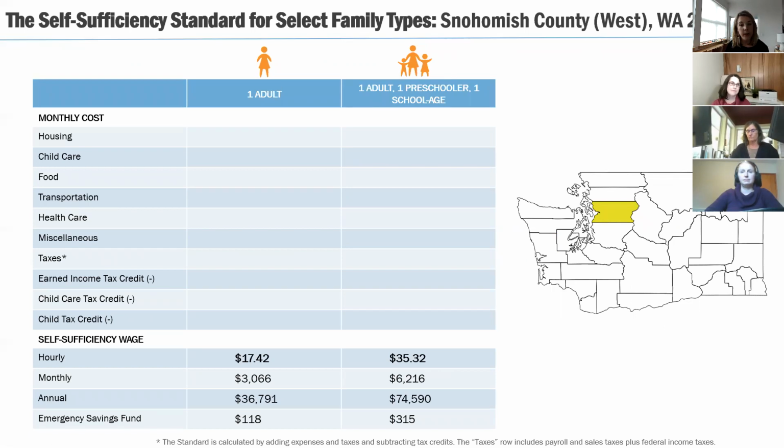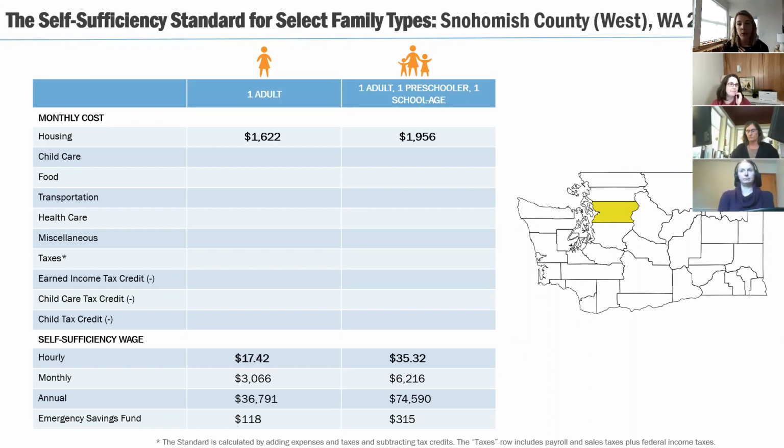So the next slide, I'm just going to briefly talk through. We've talked a little bit about the different counties, and we've talked about the self-sufficiency standard and what the context is, but now I want to show you what our sources are for each one of the components that go into the cost of the self-sufficiency standard, starting with housing.